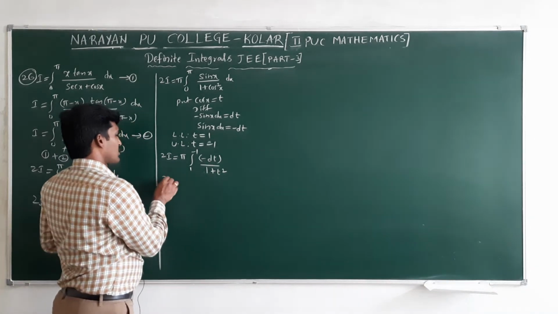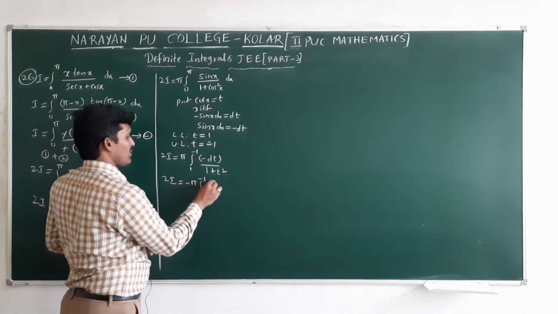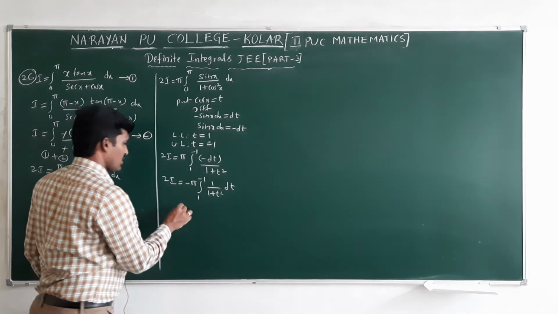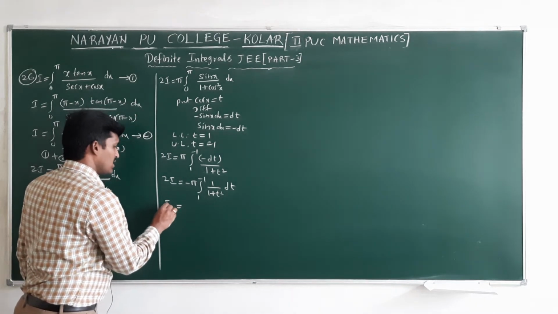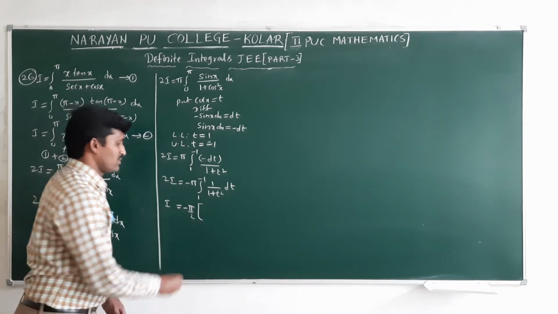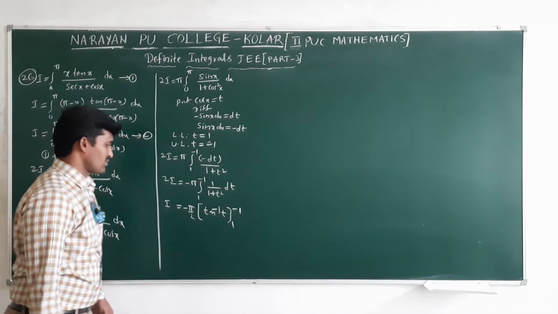Here minus is common, so minus pi integral 1 to minus 1 of 1 by 1 plus t square dt. So I equals minus pi by 2. Now for 1 by 1 plus t square, the formula is tan inverse t, we have the formula already, from 1 to minus 1.